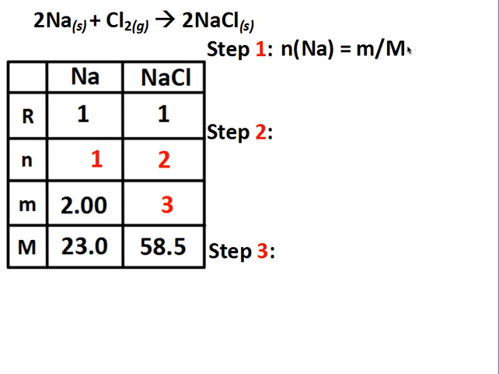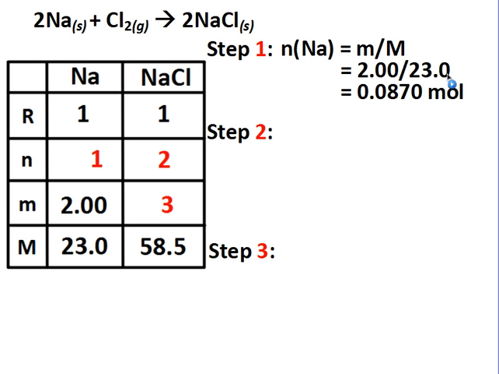Our mass is 2 grams and molar mass 23 grams per mole, so we substitute in those numbers and then we can solve it. And that gives us an answer that, when rounded to 3 significant figures, is 0.0870 moles. But you'll have a longer number in your calculator, and you should leave it there. Let's not round until the very final step, so we'll leave that number in your calculator.